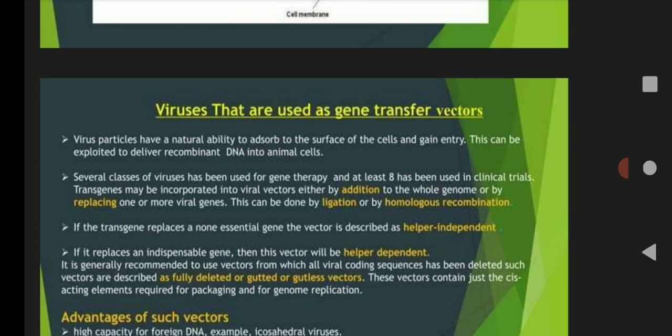This vector contains just 6 cis-acting elements that are required for packaging and genome replication. That is, we remove the virulence genes and the genetic material from the viral vectors, and the viral DNA used for transferring our gene of interest or foreign DNA will have only the genes necessary for packaging and genomic replication.